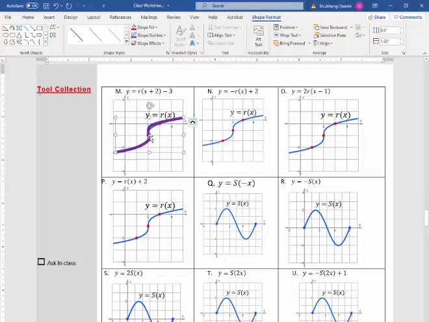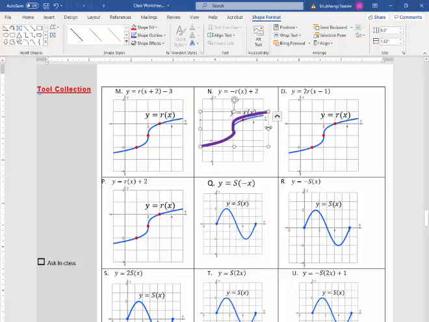What did you say we should do? Okay, plus 2, so left 2, and down 3. Yep, you got it. And then this one. Up 2.